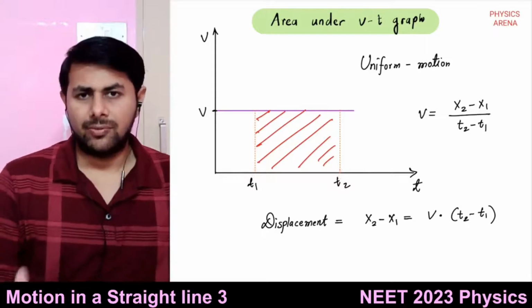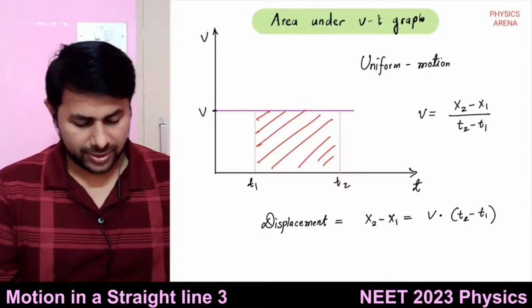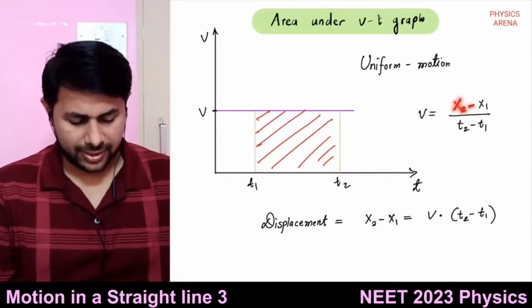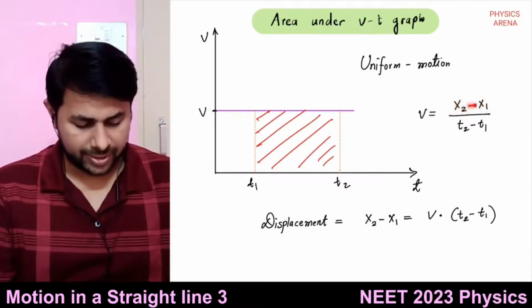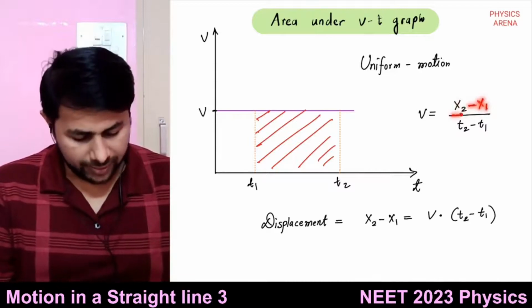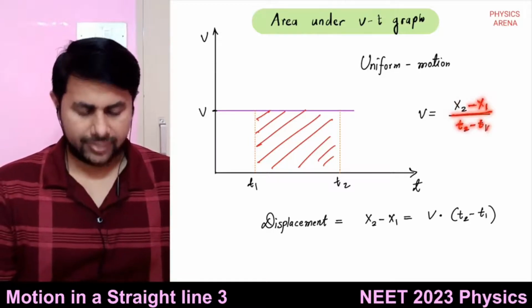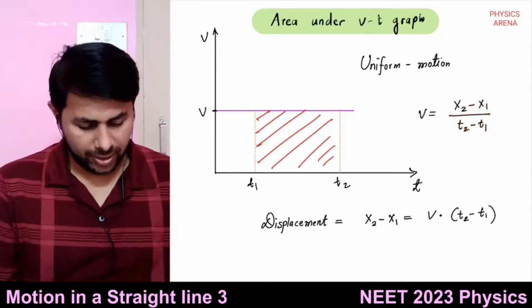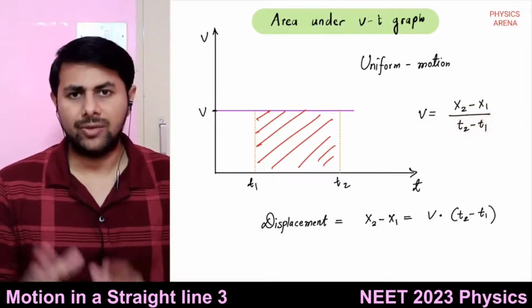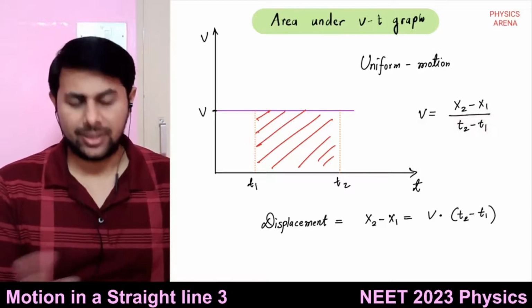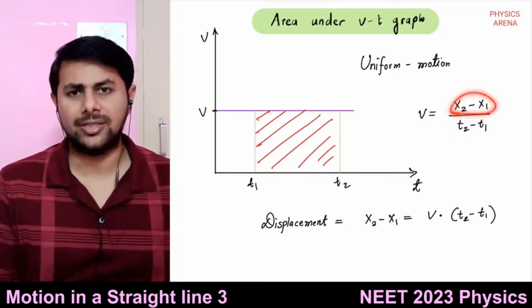Now what is velocity? The velocity is the change in position, x2 minus x1, that is, position at time t2 minus position at time t1, divided by t2 minus t1. If I take t2 minus t1 to the left hand side, I get V multiplied by t2 minus t1 is equal to x2 minus x1.